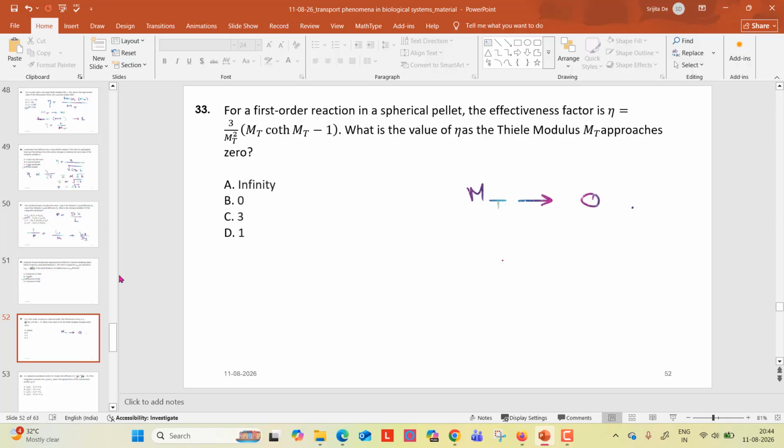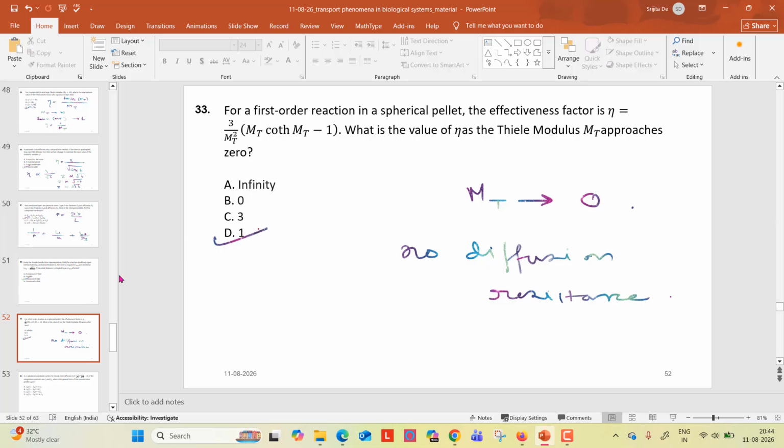So the effectiveness factor, which is the ratio of the actual reaction rate to the rate in the absence of mass transfer resistance, will be equal. So it will be 1. Eta will be 1. Next.